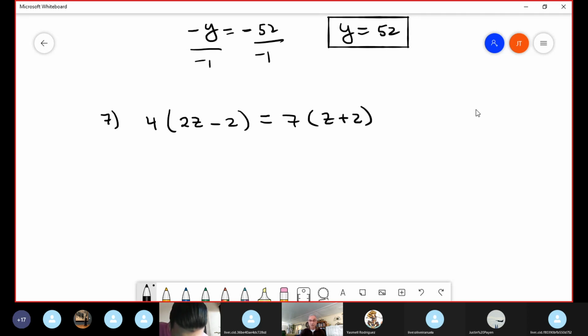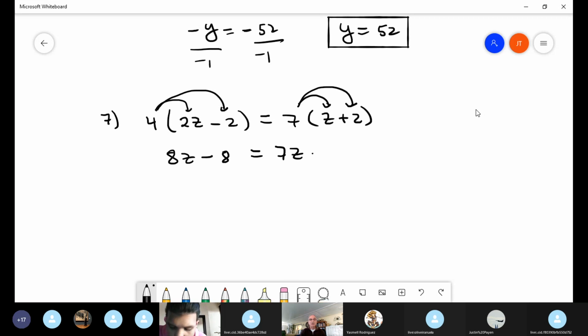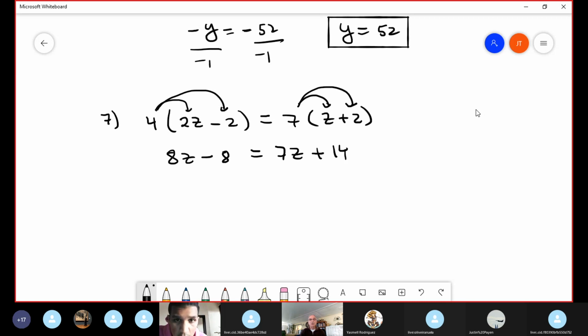Okay, immediately remove parentheses, distributive property. 8z minus 8 equals 7c plus 14, multiplication. 8z minus 7c is equal to 14 plus 8. 8 minus 7 is 1c equals 22.